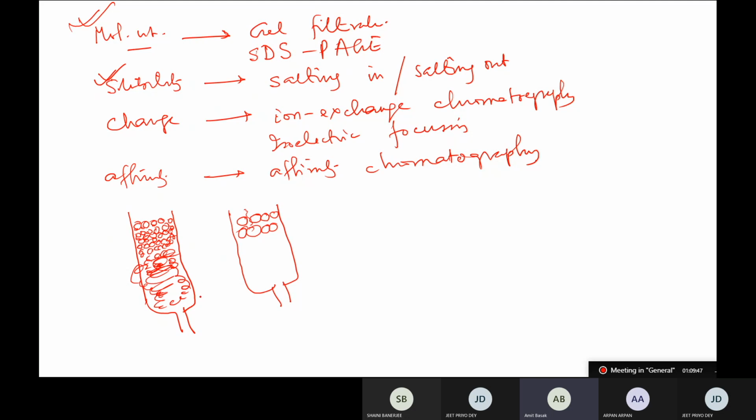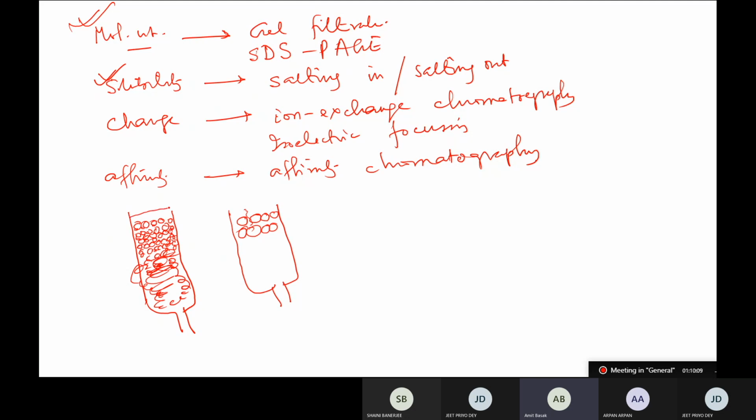You pack a glass column like this with these beads, where there are empty spaces between beads, because they are spherical, so they cannot pack so tightly that there is no empty space.